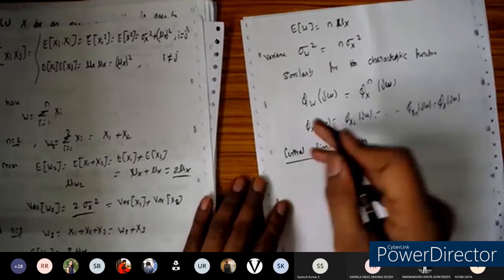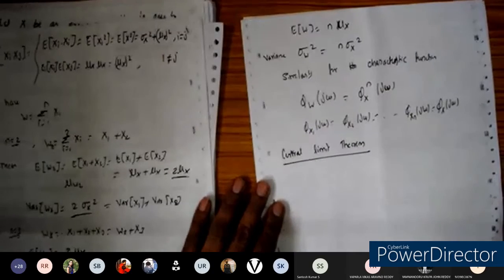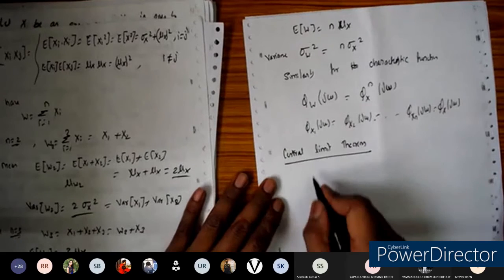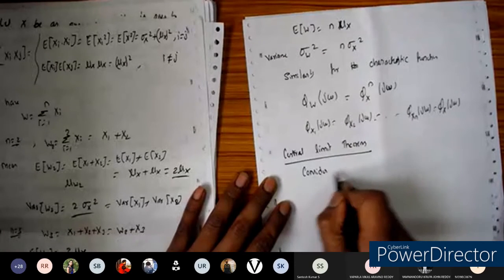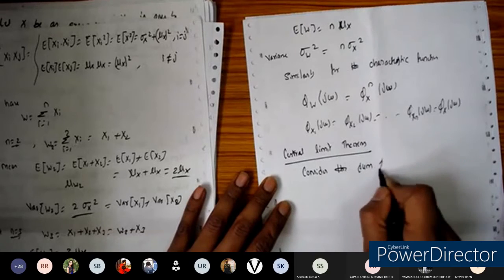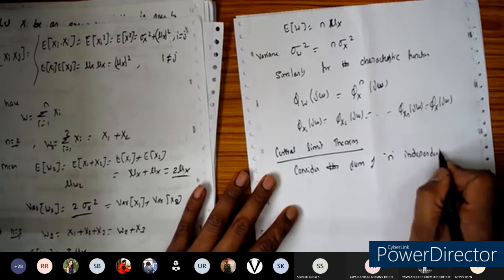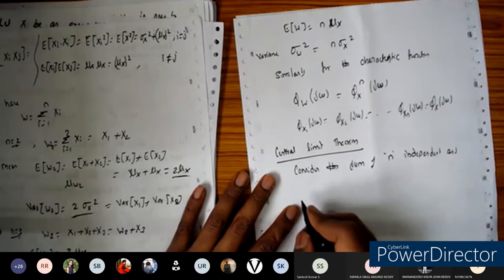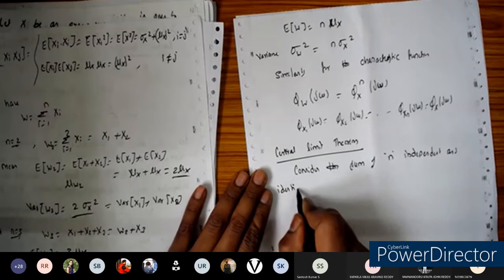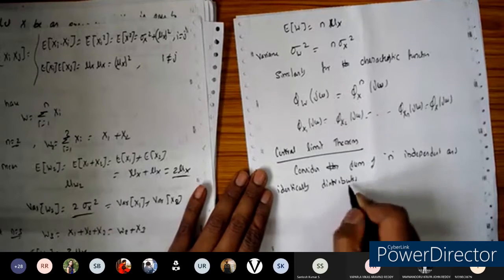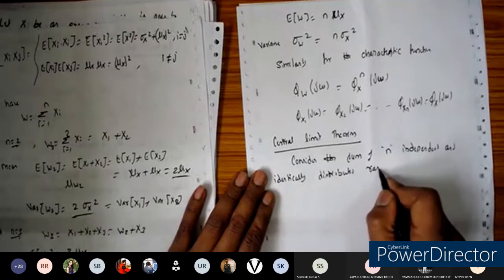We'll consider the same formula of W here. Consider the sum of n independent and identically distributed random variables.